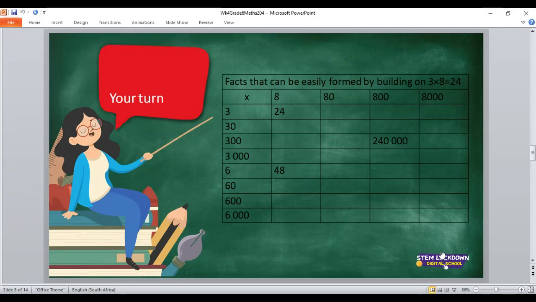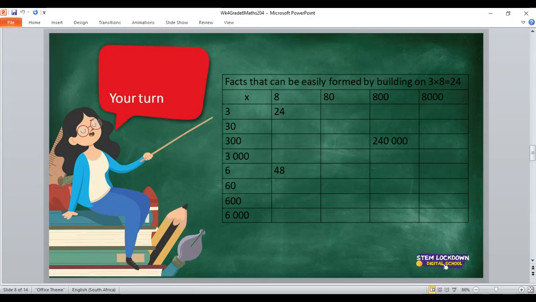All right, earlier on we did the expansion of our multiplication by extending our factors. Here it says facts that can be easily formed by building on 3 multiplied by 8 is equal to 24. So if you know that 3 multiplied by 8 is 24, then you'll also be able to know 3 multiplied by 80, 3 multiplied by 800, 3 multiplied by 8,000.